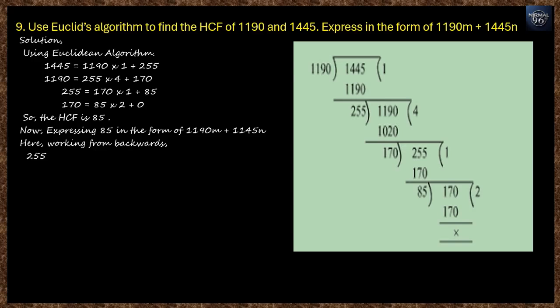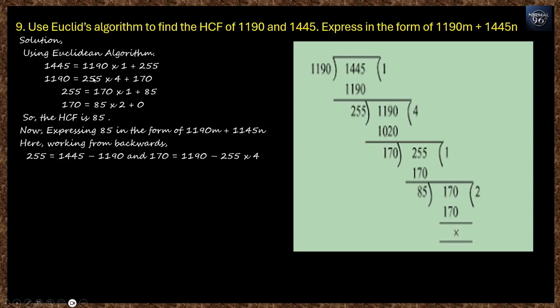Working backward, we can write 255 equals 1445 minus 1190, and this 170 we can write as 1190 minus 255 into 4.